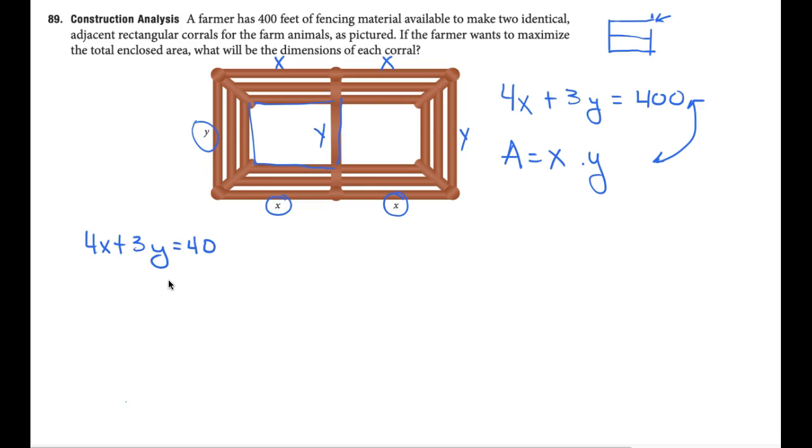Start with that, solve for Y, and then plug that Y in right here to come up with a quadratic, and then create a graph and find the maximum area. What I want you to tell me is what X and Y are, the dimensions of each of the corrals.